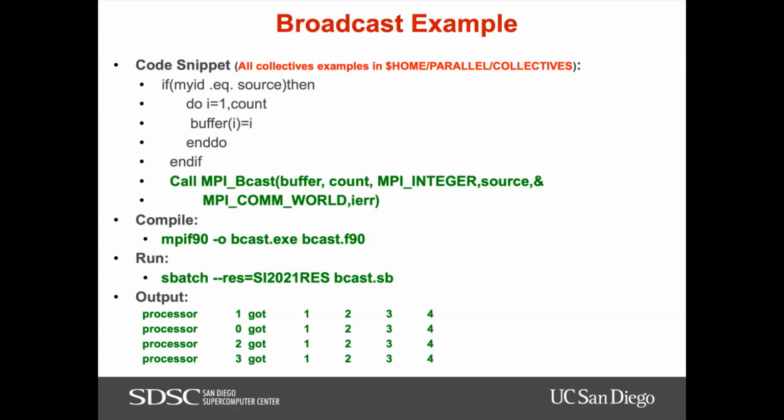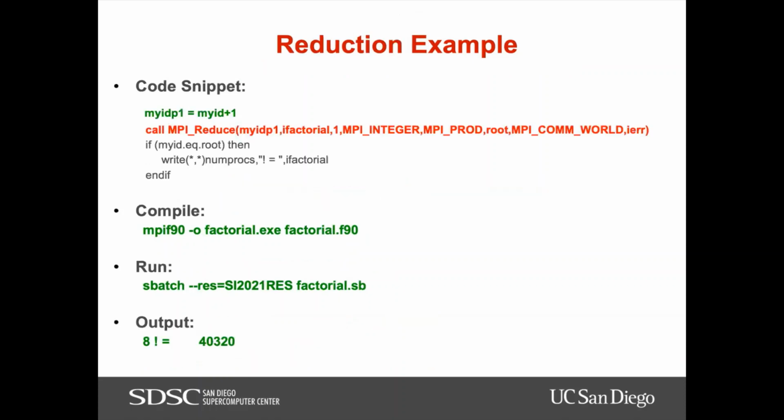So if I say processor X got the value, it's just going to print out from every process. And it's not in sequence, by the way. The output can come from processor 1 first and then 0 and so on. So don't depend on the output being sequential in terms of the tasks. It's all going to be mixed in.